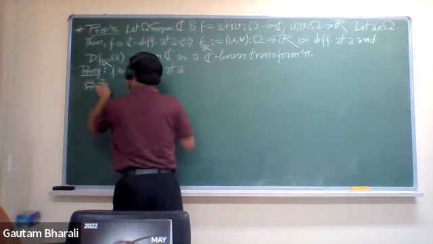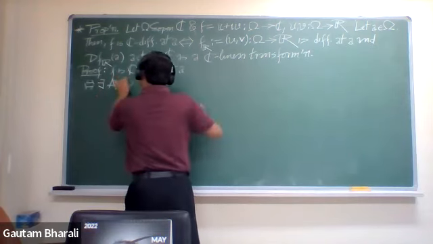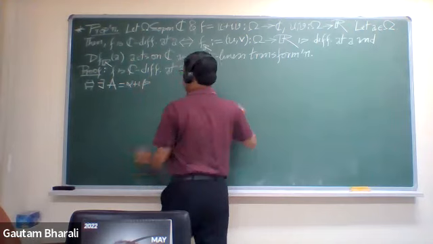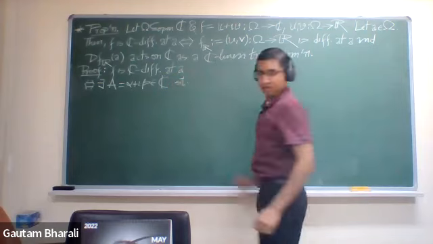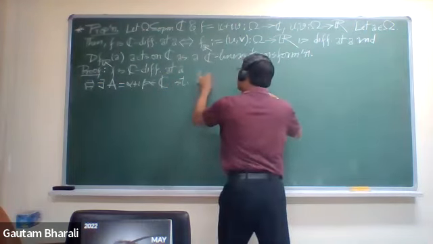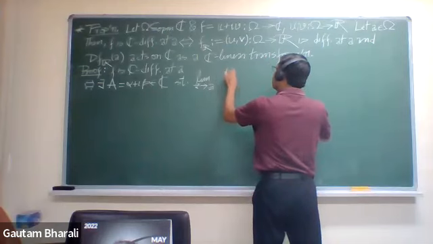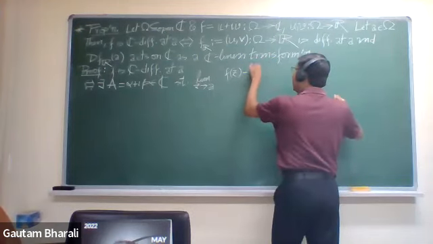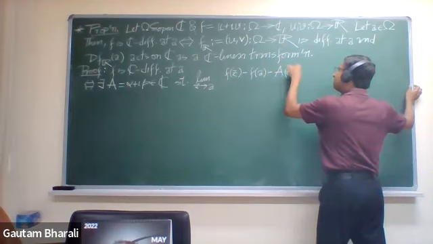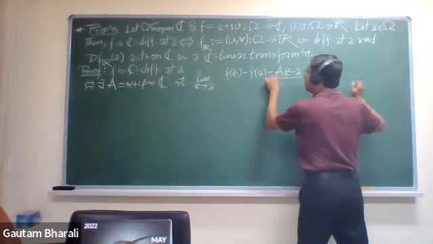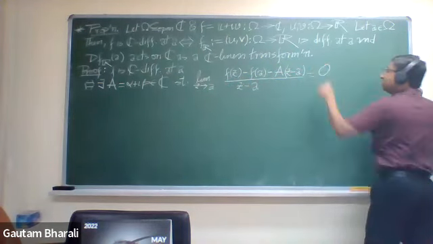If and only if there exists a complex number A, and I'm going to write this A as alpha plus I beta, such that the limit as Z approaches A of f of Z minus f at A minus the complex number A times Z minus A, divided by Z minus A, is equal to 0.